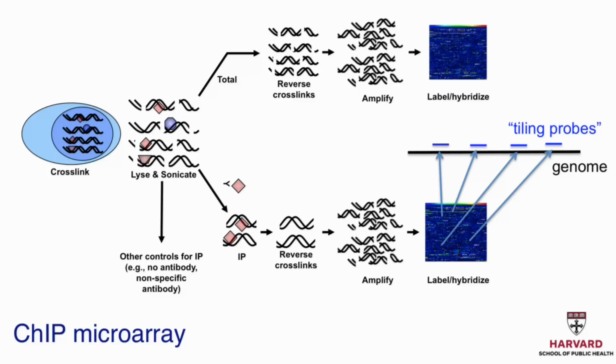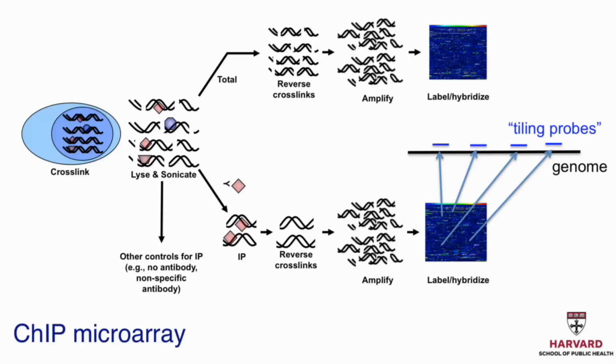A very common example are transcription factors, which are proteins that start gene expression. So we have DNA, and we want to know where a specific protein is bound. In this particular cartoon, the protein is symbolized with a little red diamond. So you can see that some pieces of the genome have it, others don't.